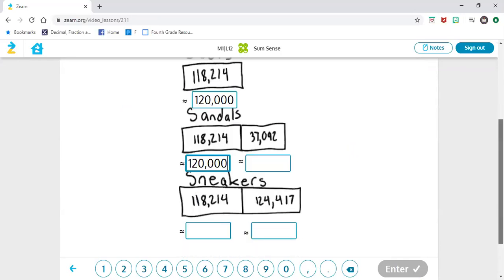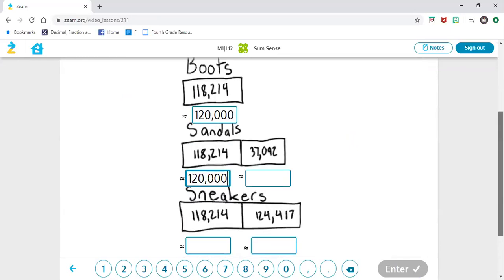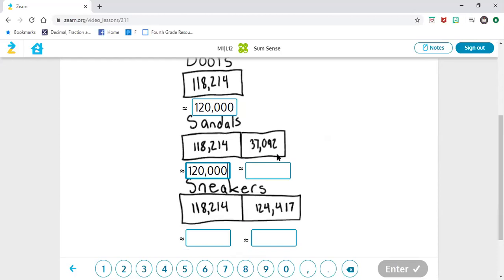But we have to do the more than sandals that was sold. So our 10,000th place is this 3. We look at the number directly behind it to decide if that 3 is going to stay the same or go up one. That 7 is telling us that it's going to go up more.